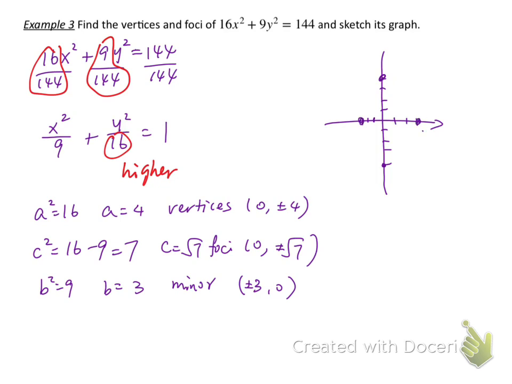This is where my minor axis is, and I connect them to get an ellipse. This is not really the best ellipse that I can draw, but again, it's very hard to do on the screen. And the foci is radical 7, which is between radical 4 and radical 9. So the point is between 2 and 3. So these are the foci.